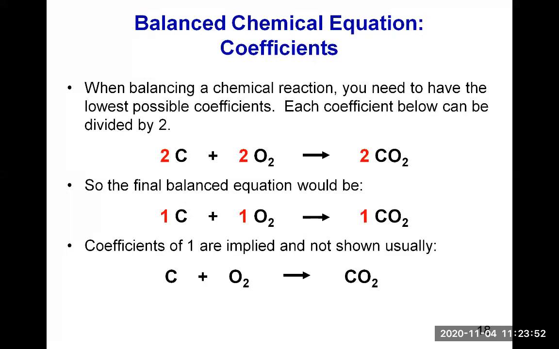Coefficients of 1 are implied, and you've seen that the ones are often implied in chemistry. And here again, when the coefficients are 1, they are implied and usually not shown. So the final version of this equation would be 1 carbon plus oxygen gives 1 molecule of CO2, with the ones omitted.